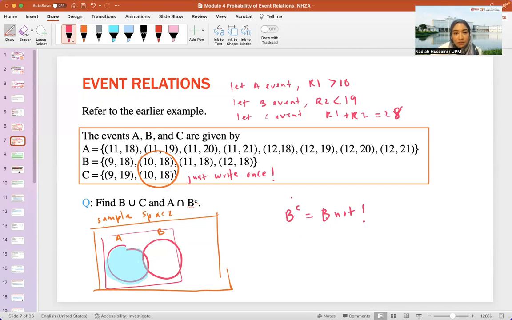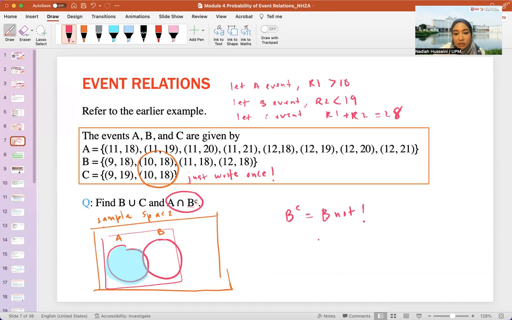Okay. So to answer the question that your friend asked, he said, what about the sample space? Shouldn't this be highlighted as well? Actually, since we're just talking about A intersect with B, this is what I'm focusing on.